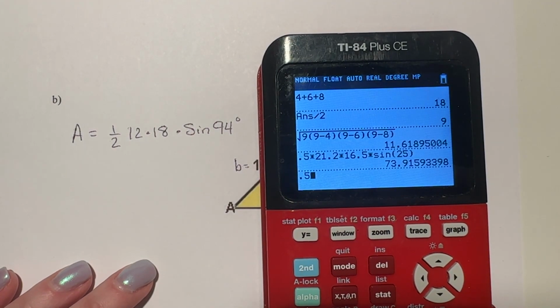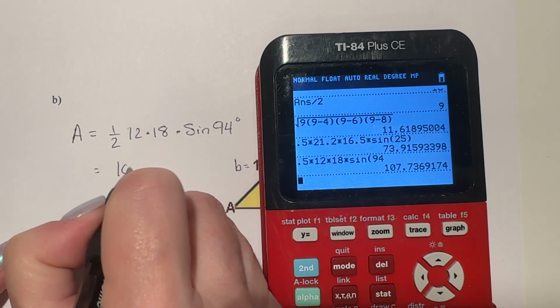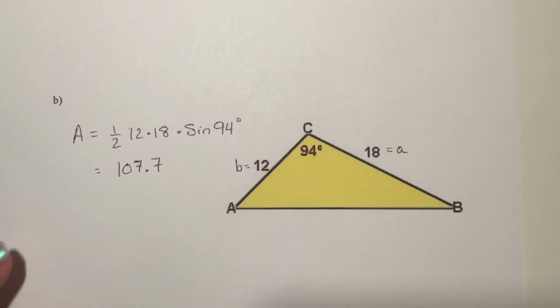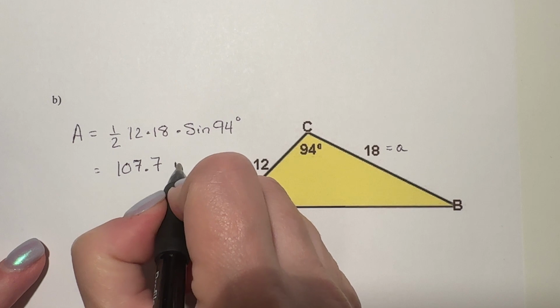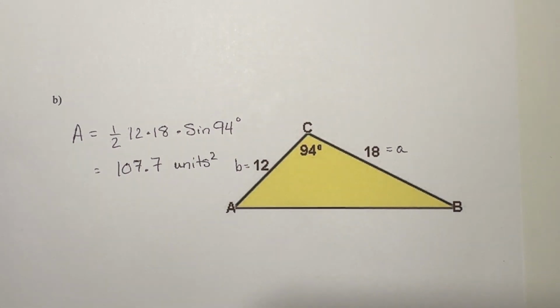Okay, so 0.5 times 12 times 18 times the sine of 94. Ta-da! My area is all finished. It's 107.7. And I don't have any units on this one, so I'll just say it's units squared.